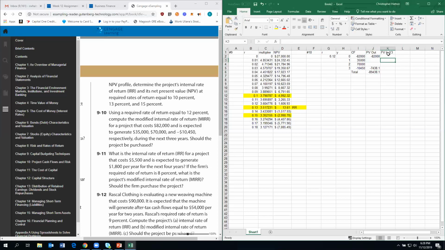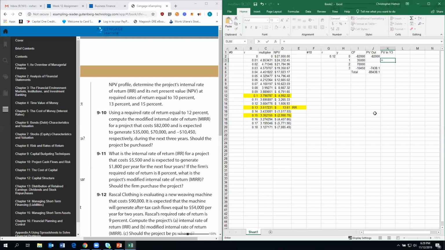All right, now inflows, we have 35,000 and 70,000. So what we want to do here is 2 things. We want to get the future value, so we're not dividing by 1 plus the rate raised to the time, we're multiplying.